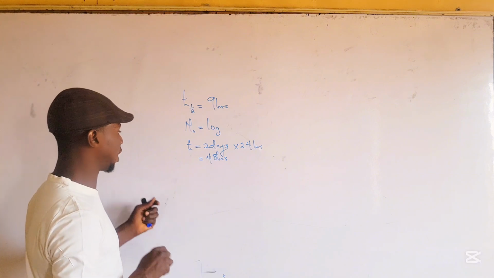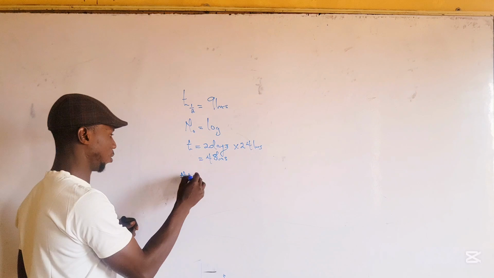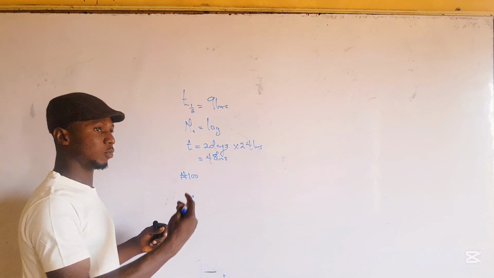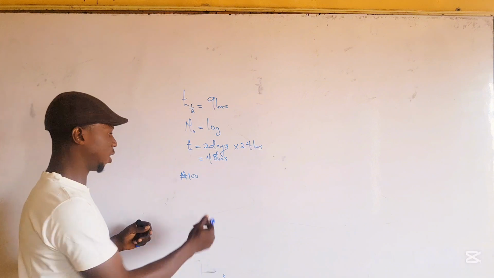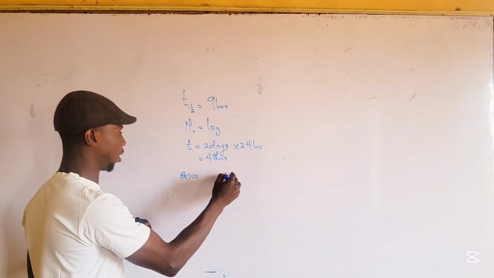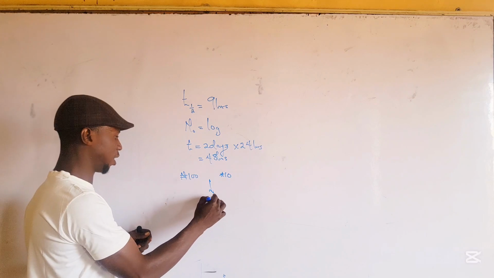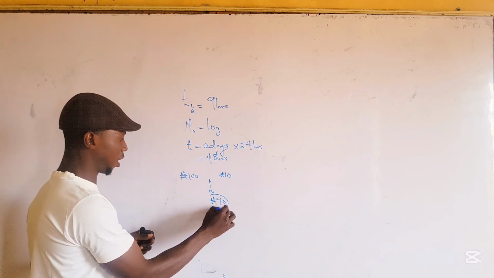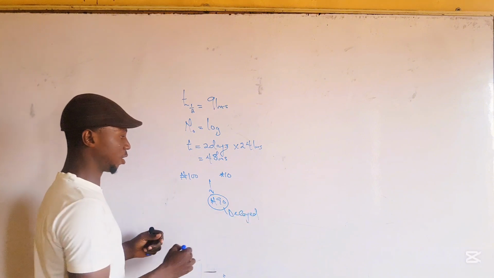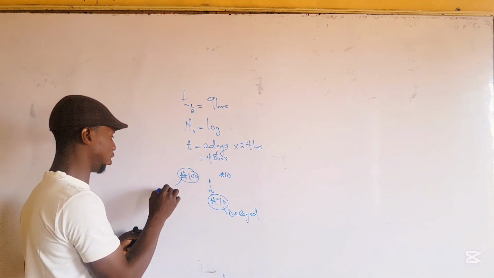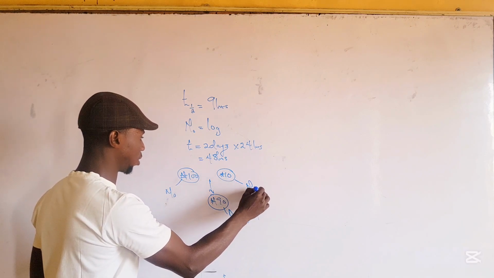If you have, for instance, 100 naira before going to a shop to purchase something, and after you left the shop, you have 10 naira with you, that means you have spent 90 naira. This 90 naira is the amount that decayed as far as radioactivity is concerned. This 100 naira is the initial amount, N naught, and this 10 naira is the final amount, N_t.